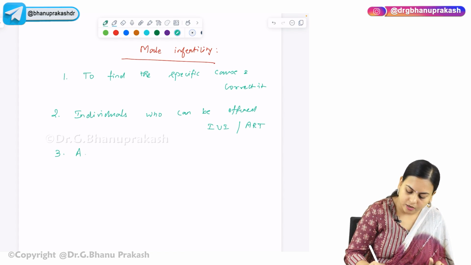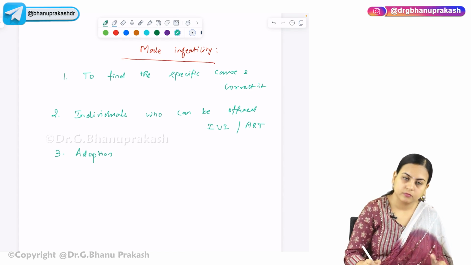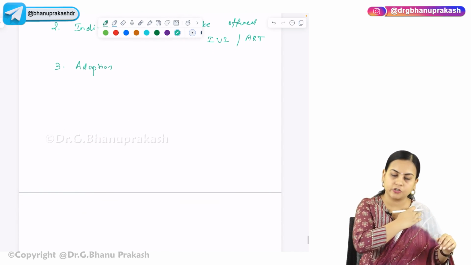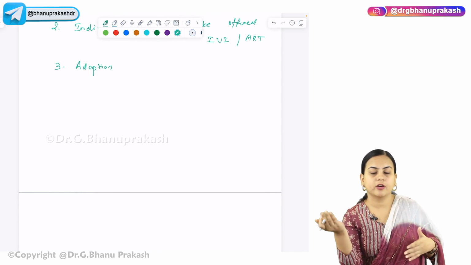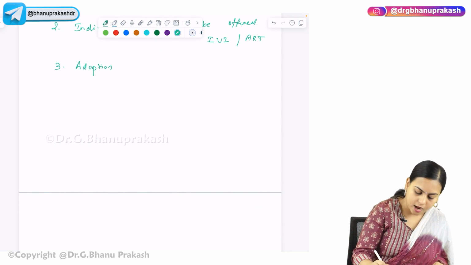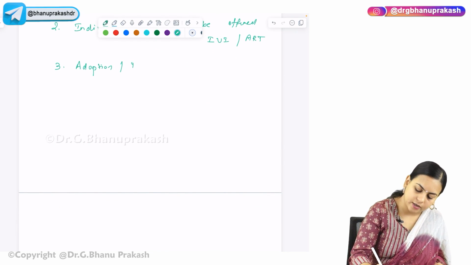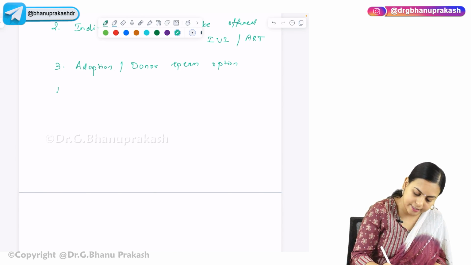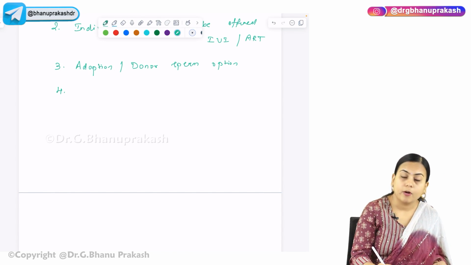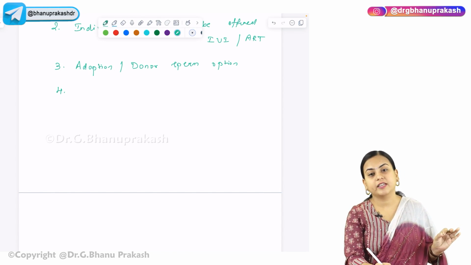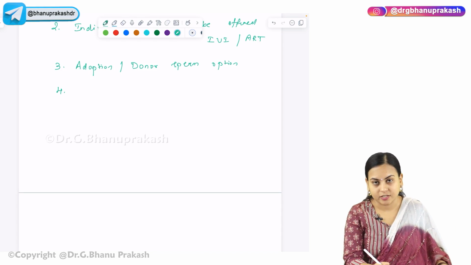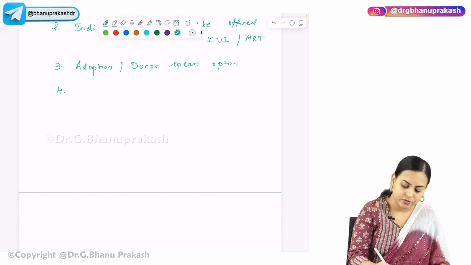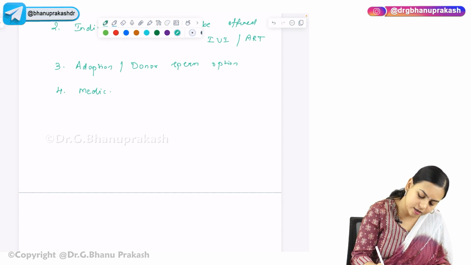Number 3, the next level of suggestion you can offer if there is a failure in IUI or ART is adoption. Or sometimes you can even offer the donor sperm option, okay, for those who are not candidates for ART. And finally, one important aspect is that you have to treat the underlying medical condition, whatever it is. So, you have to treat the underlying medical condition as well.